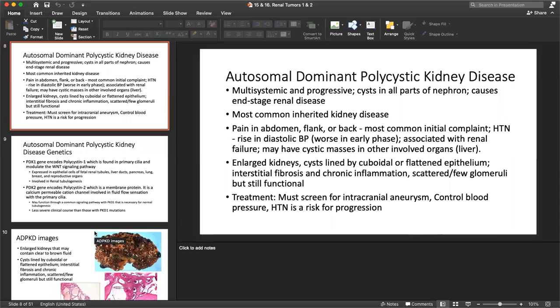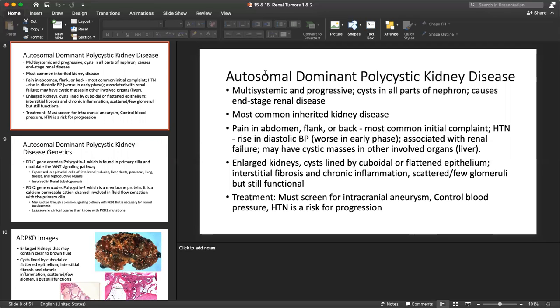So with the autosomal dominant, the patient is going to complain of possibly abdominal flank pain, and it'll be an adult. So I think of AD, autosomal dominant, as adult. And that's how I memorize it, and it's really easy to know it's autosomal dominant. But you have to know that, since there's also an autosomal recessive.